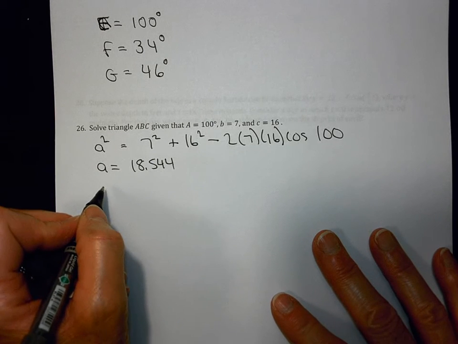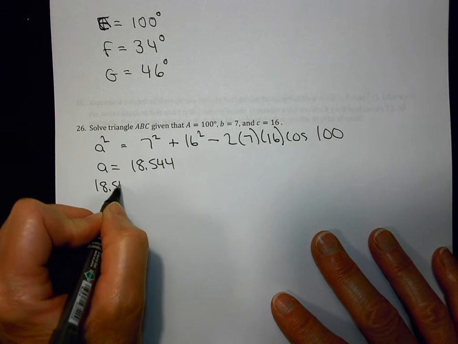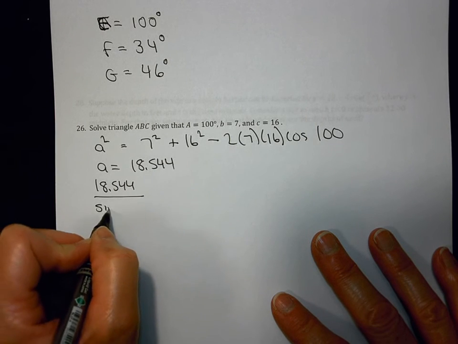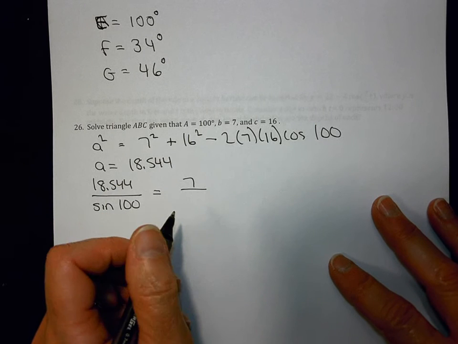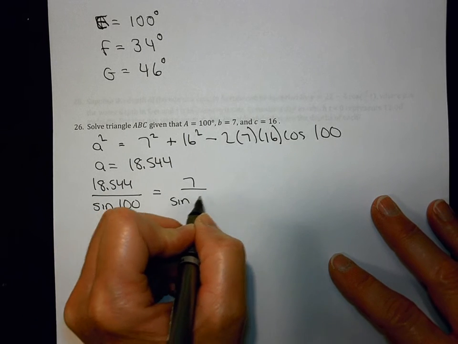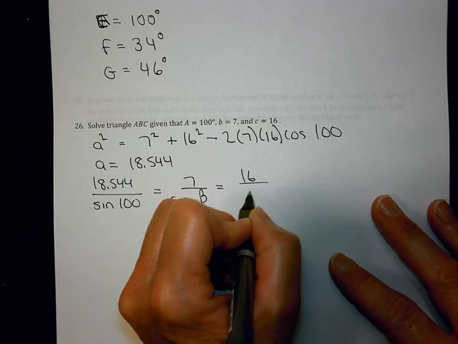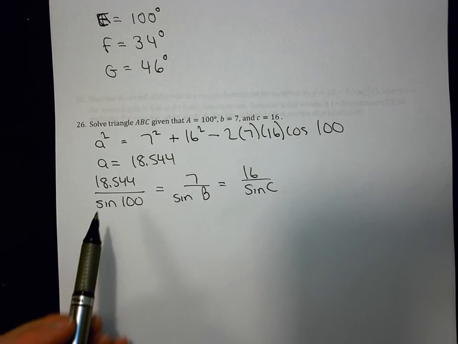So we have 18.544 over sine of 100. We have 7 over sine of B, and we have 16 over sine of C. So we can just solve this part out.